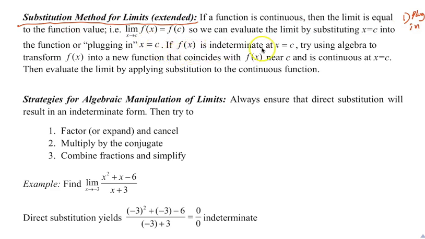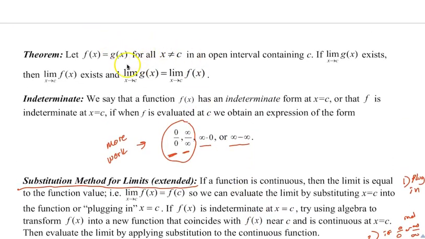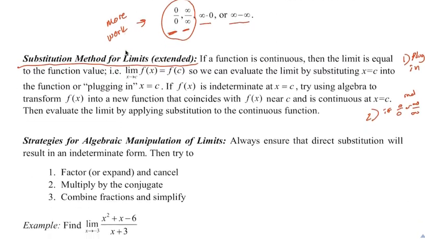if you plug it in and you get an indeterminate, if you get 0 over 0, or infinity over infinity, or infinity minus infinity, or 0 times infinity, then you fix it. You try some algebra step to fix it, and then you try to plug it in again to get to that function where it's nice, and then you can plug it in.